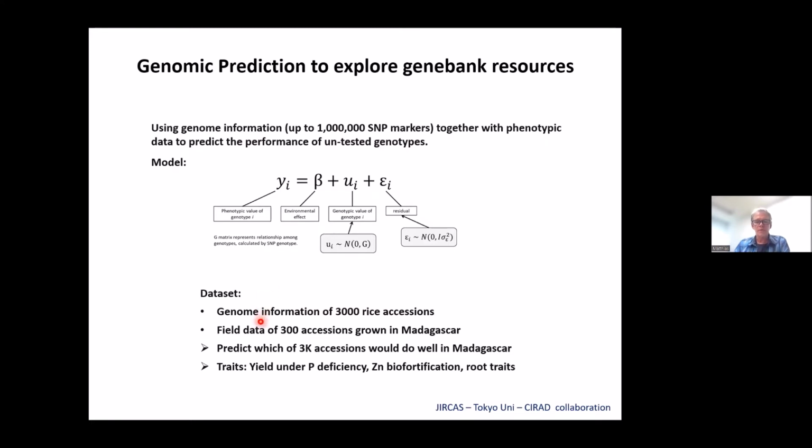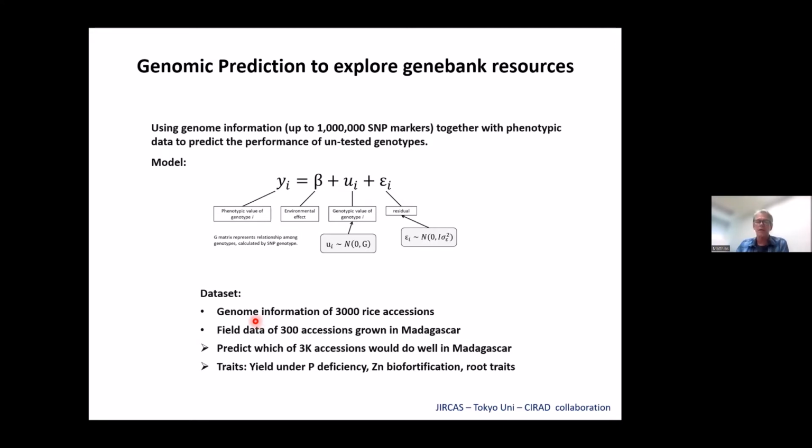Now, IRRI produced a resource that I have used a lot, and they have provided the genome information after sequencing 3,000 of their 100,000 rice accessions. Even a field experiment with 3,000 accessions is a bit too large for my taste, so I'd rather concentrate on a smaller number.